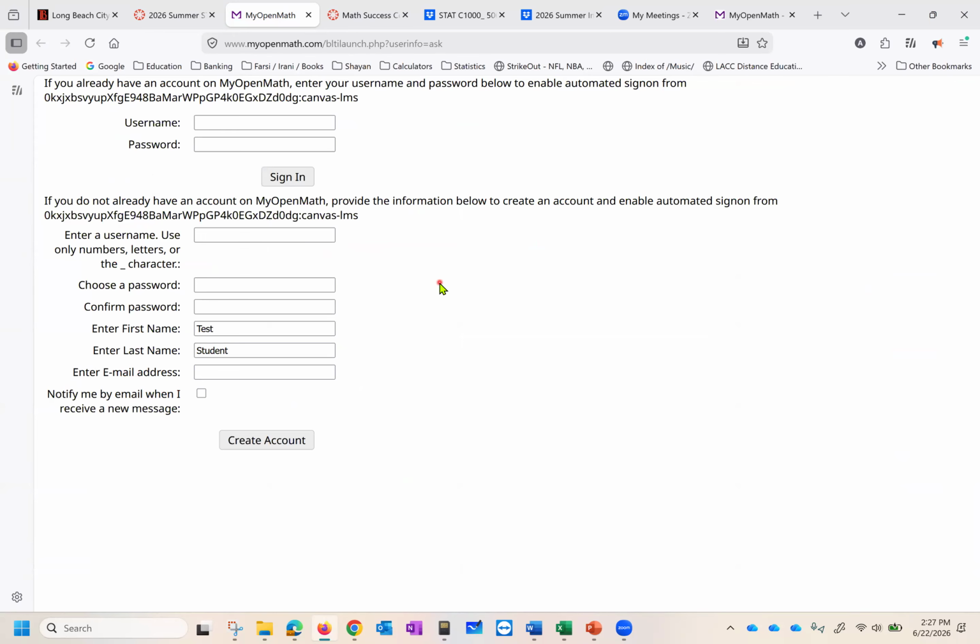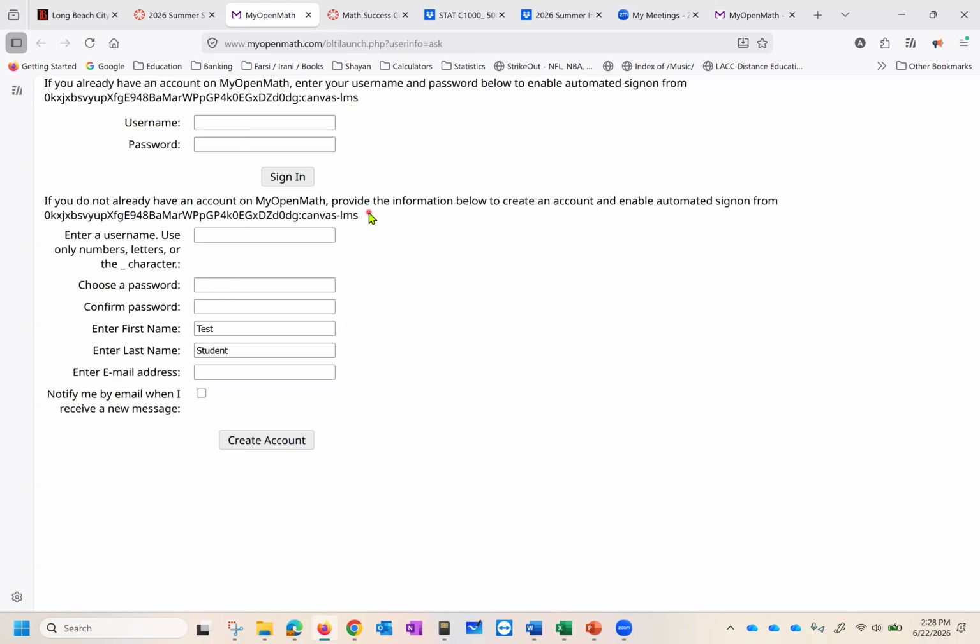If you have an account with My Open Math, I'm going to refer to it as MOM from now on, short. My Open Math, short MOM. If you have a username and password, put it in and it'll take you to My Open Math and you register for this specific course. If not, you just basically sign up. That's all.